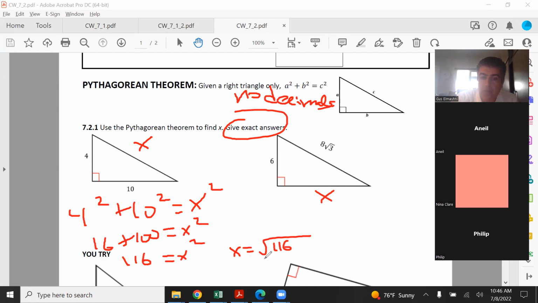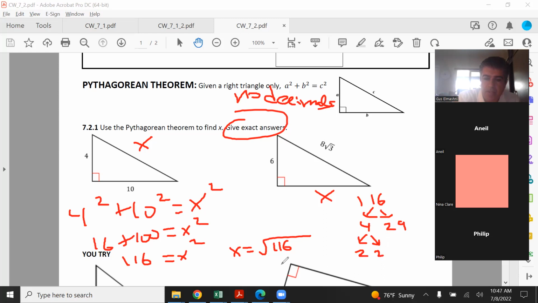Now, you could break this down into its prime factors. Let me see here. 4 and 29. And then 2 and 2.